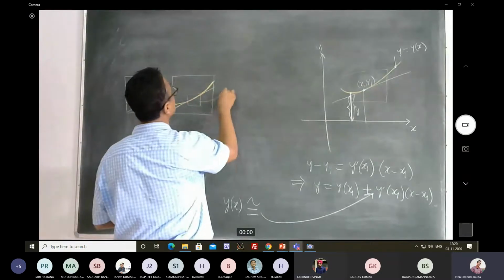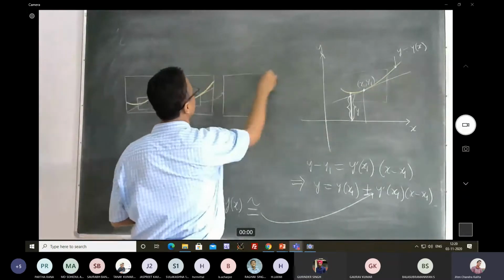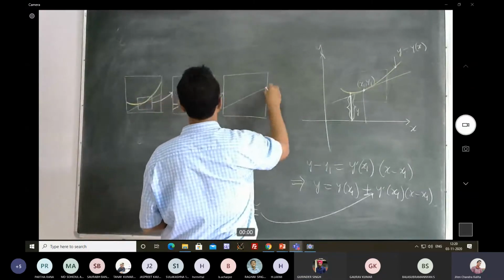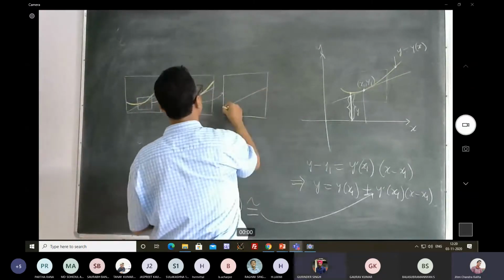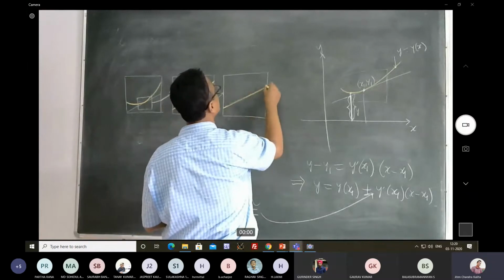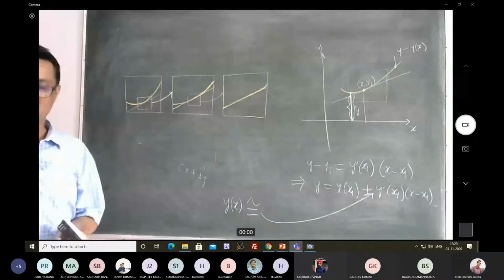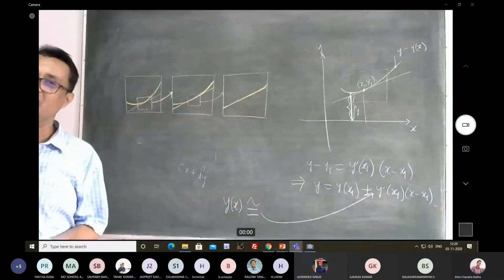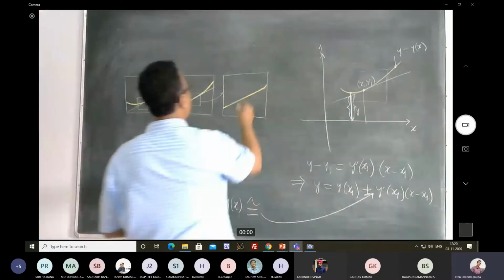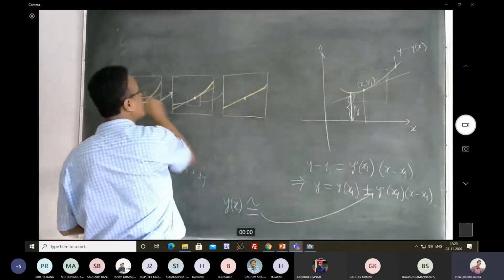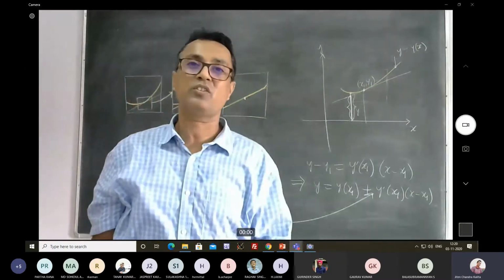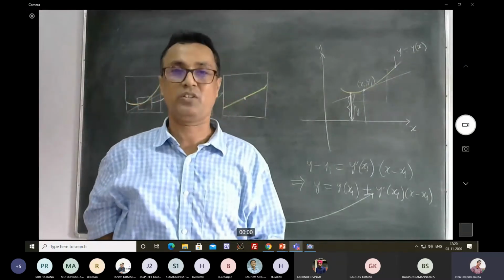Now if I want to magnify this part, my straight line is going to be like this, isn't it? What I mean to say is that in the neighborhood of this point, very close to that point, the straight line approximation is going to be a very good approximation.